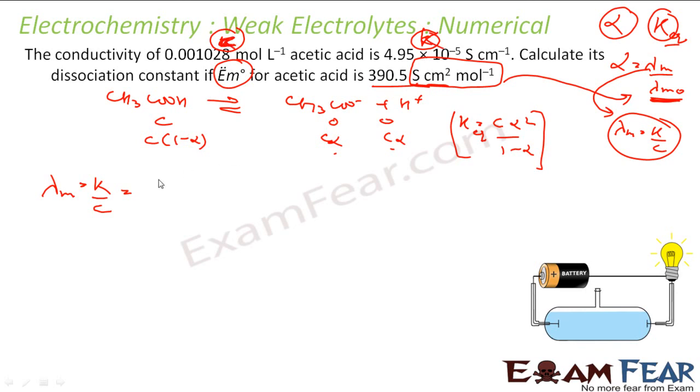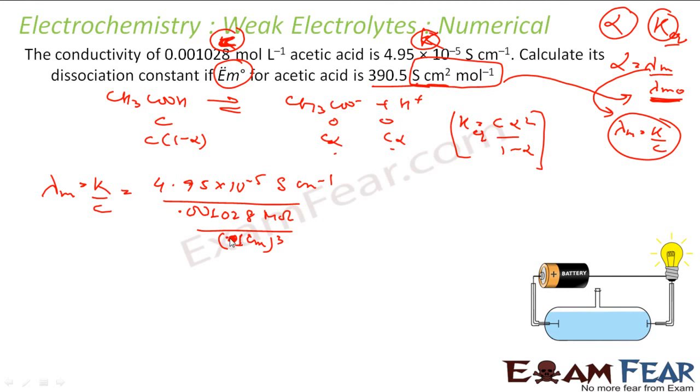K is 4.95 into 10 to the power minus 5 Siemens per centimeter. This is mole per liter, so this is 0.001028 moles per liter. Liter I'll make it 0.1 centimeter cube, yeah, sorry.